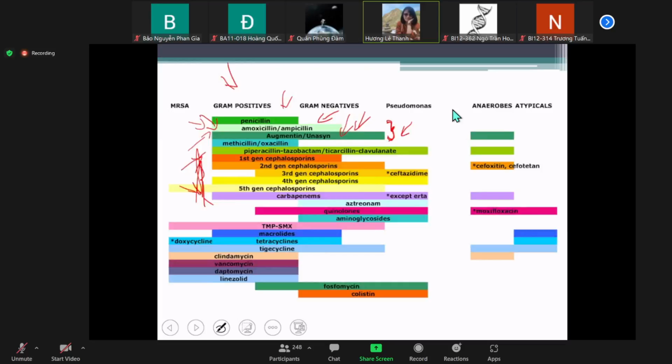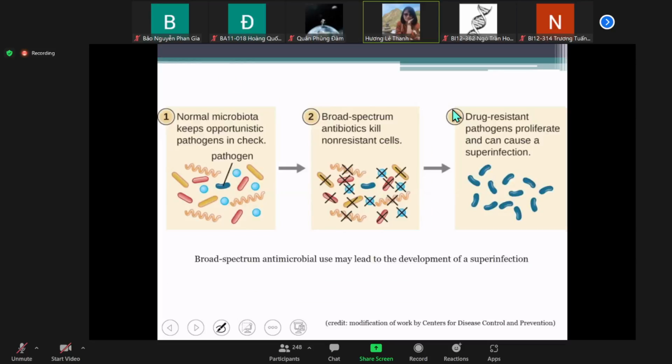So next, the use of broad spectrum antimicrobials may lead to the development of super infections. Here is a normal case. We have normal microorganisms living with the pathogens, but when you use a broad spectrum antibiotic, it can kill the non-resistant cells, but the resistant cells can then proliferate at a very high rate, and it's called a super infection.